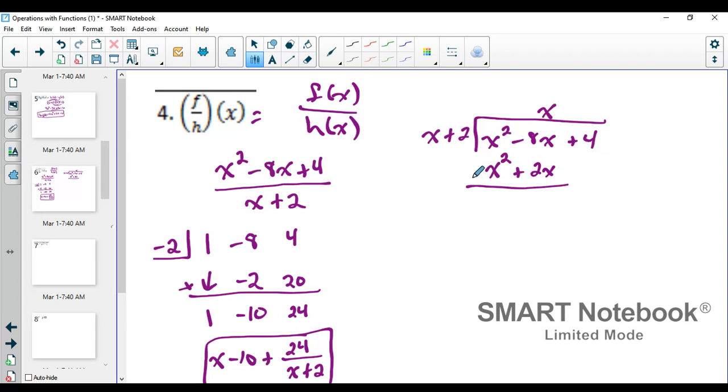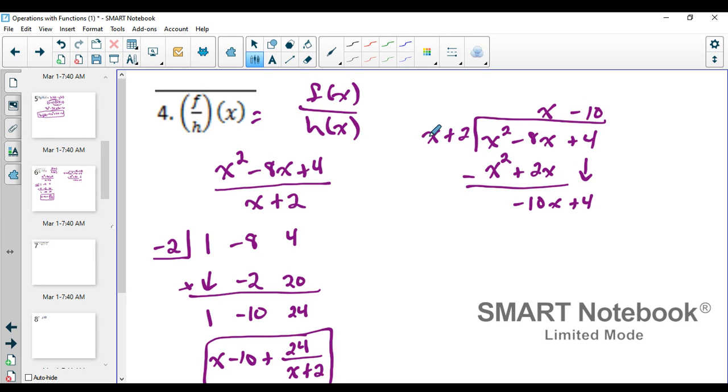And just like regular long division, you're going to subtract here. So the x squareds go away. So we have negative 8x minus 2x. So that makes negative 10x. Bring down the 4. So plus 4. And now, what do you have to multiply x by to get negative 10x? Which is negative 10.